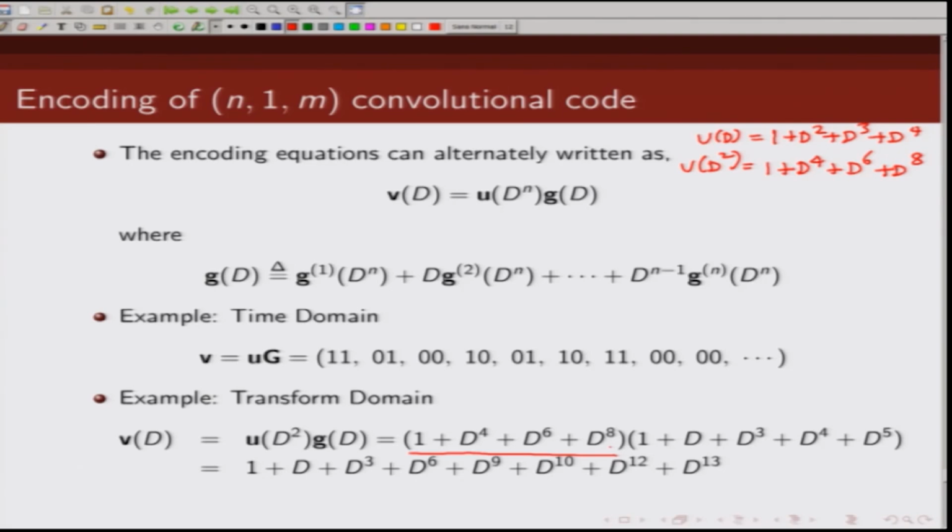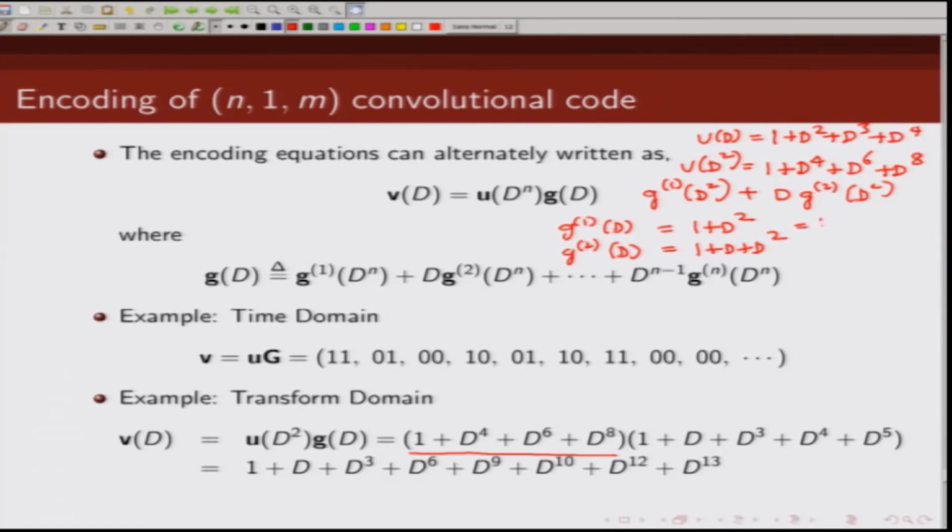Okay. And what is g(d)? g(d) is g1(d^2) plus d times g2(d^2). And what is g1(d) and g2(d)? g1(d) is 1 plus d^2, and g2(d) was 1 plus d plus d^2. So g1(d^2) will be 1 plus d^4.